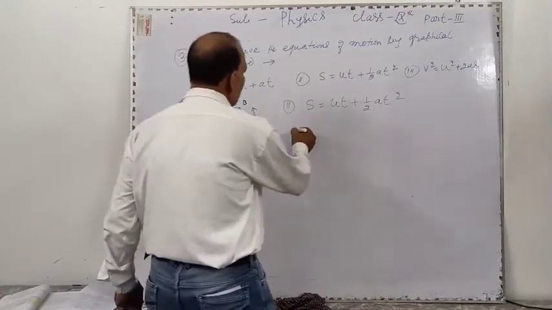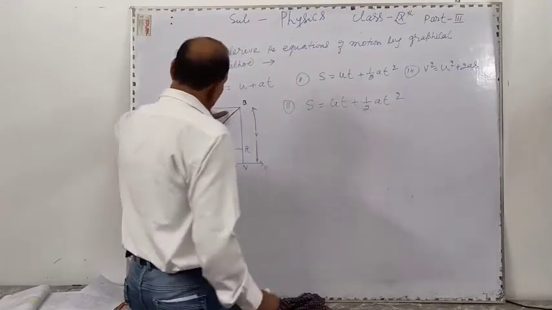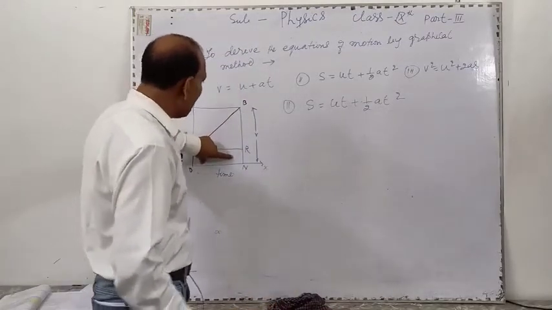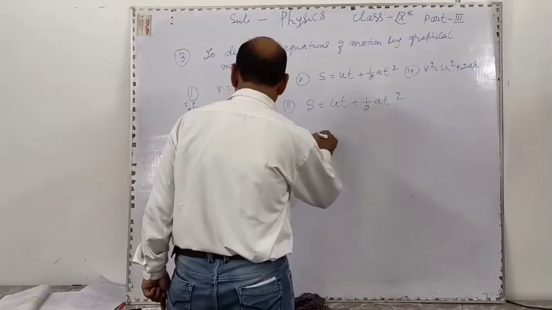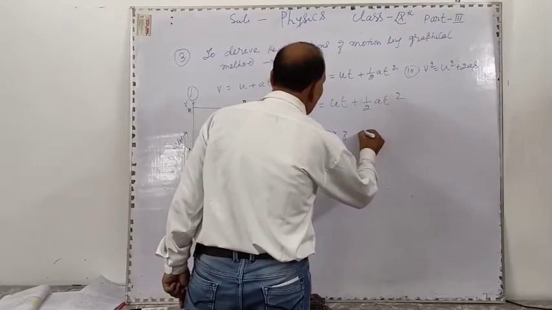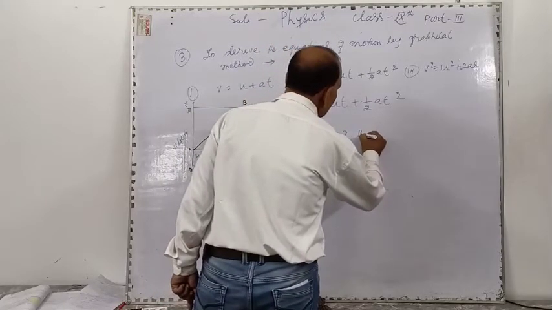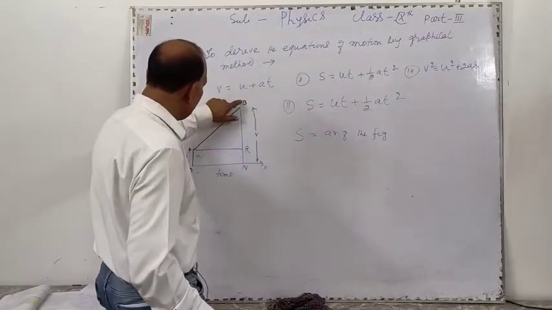Therefore, the area enclosed by the graph and the time axis is distance. So distance is equal to the area of the figure OABN.